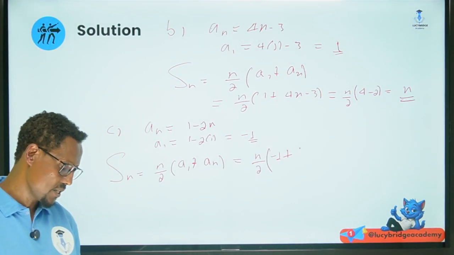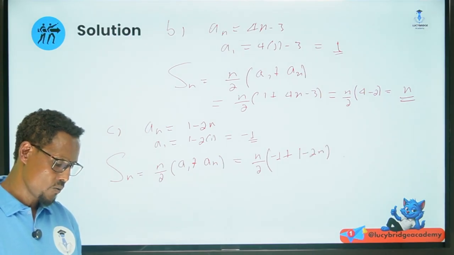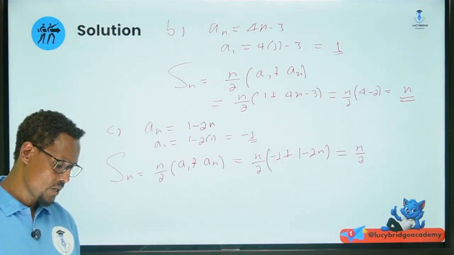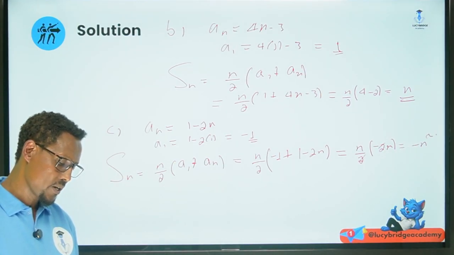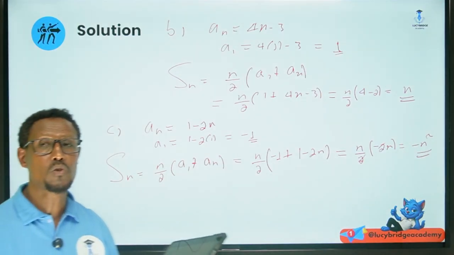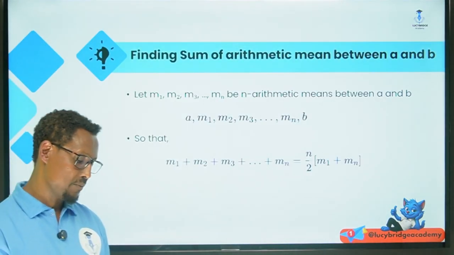An is 1 minus 2n, which is equal to n over 2 times minus 1 plus 1, 0, minus 2n. Okay, 2 by 2 cancel, so it is what? Minus n square. This is the sum of the first n terms of the given arithmetic sequence.